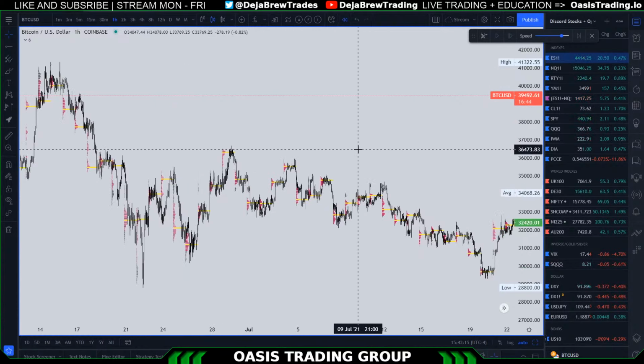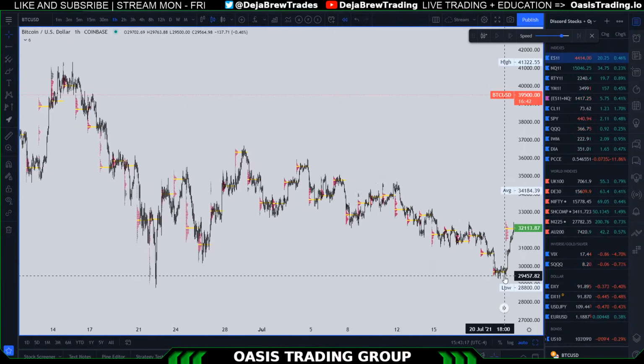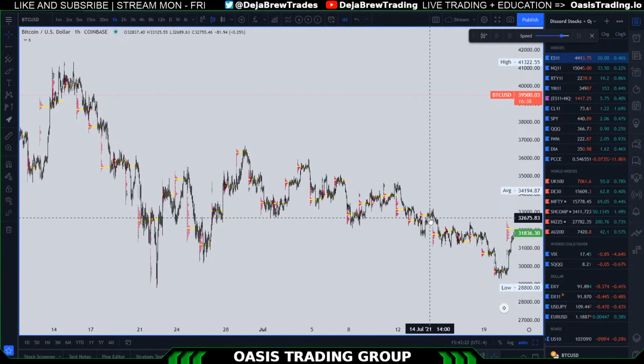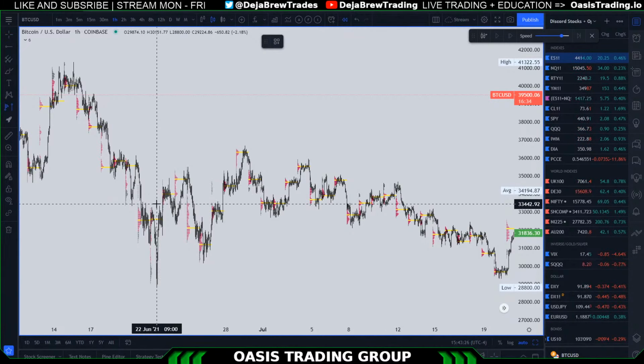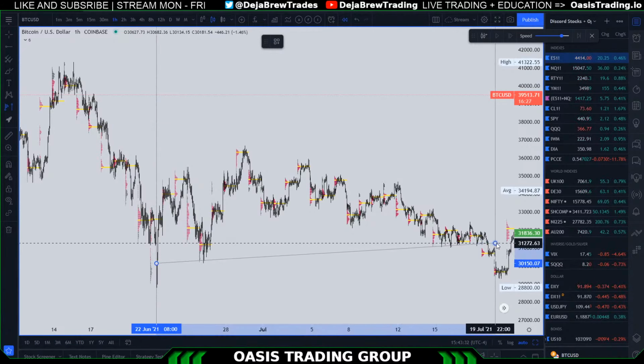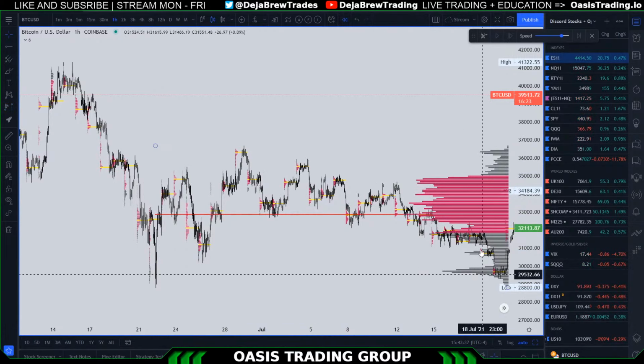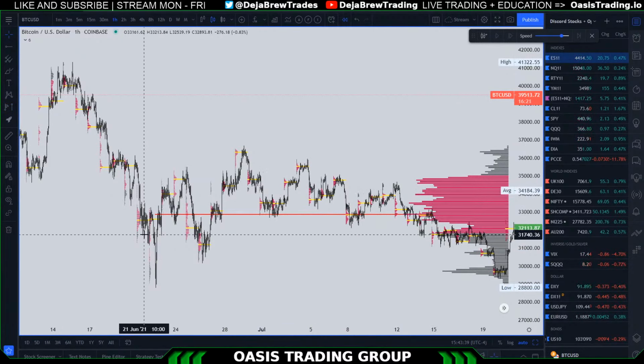What we could do here is, let's say we were seeing this double bottom play out, and we're like, okay, where are our key levels? We could grab a profile of this entire double bottom. So we could start from this low here, and then we could pull the profile all the way to here, and this gives us this beautiful profile of this entire nasty accumulation.